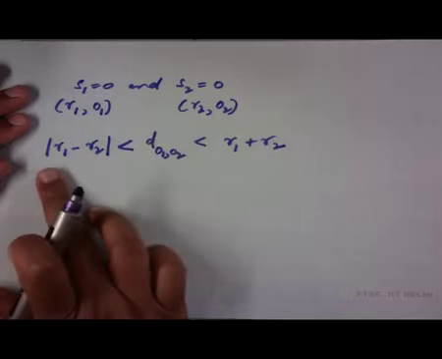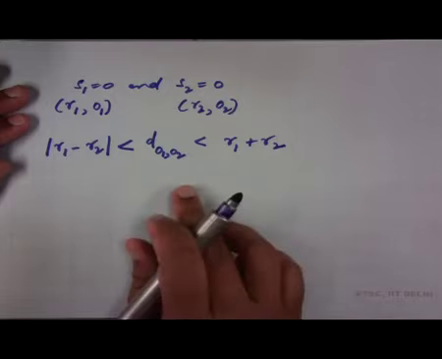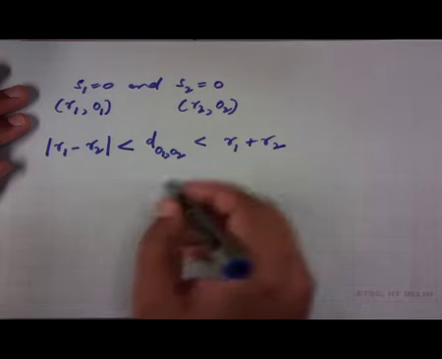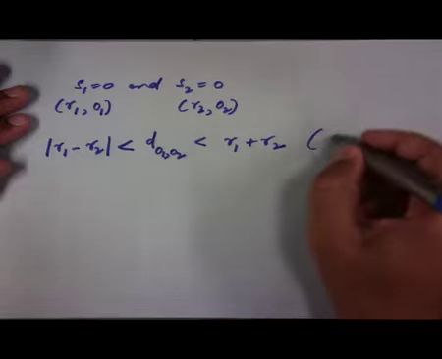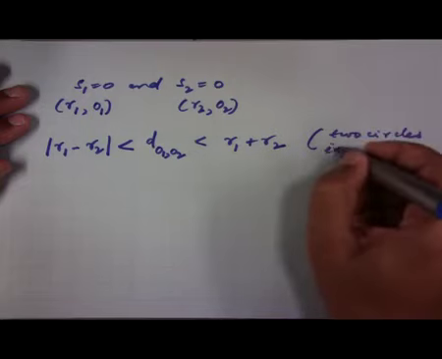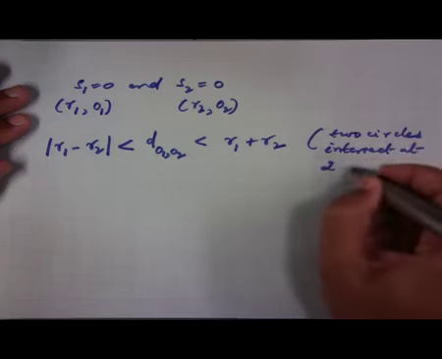then the two circles will intersect at exactly 2 points.